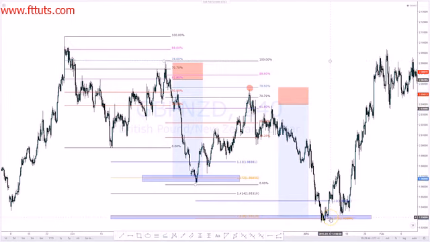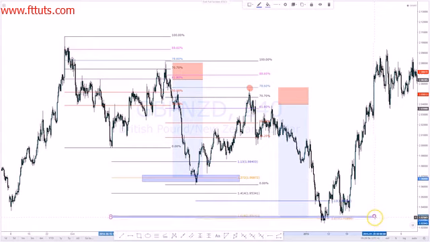Boom, 127 touch. And it happened to line up with the 1618 of the previous extension. So that's a very, very strong support and resistance area. When you have these Fibonacci's lining up, all you have to do is put a little box around them, and you see that's a very strong support area, and it bounced heavily off of there.